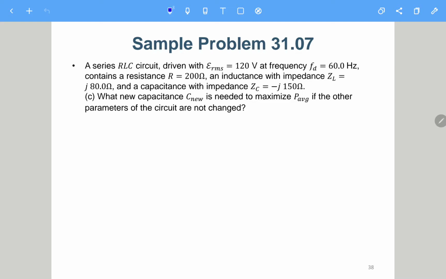So the point here is we should try to make Z to be a real value.